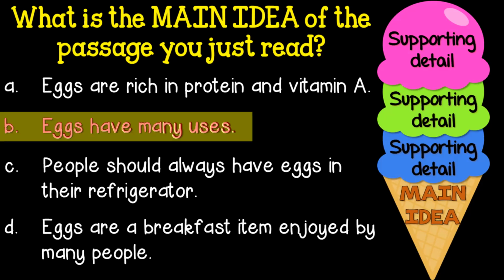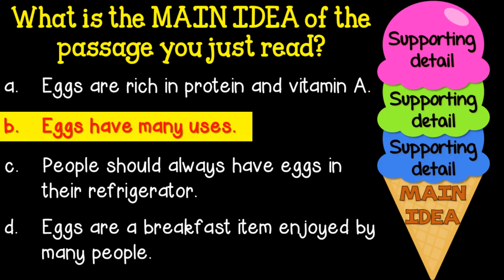If you said B, I think you're correct. So here, A, eggs are rich in protein and vitamin A. That's true, but that's more like a supporting detail. And people should always have eggs in their refrigerator. Well, yes, the article said that, but that's not what it was mostly about. That wasn't the point of the article. They didn't want to convince you that you should have eggs in your refrigerator.